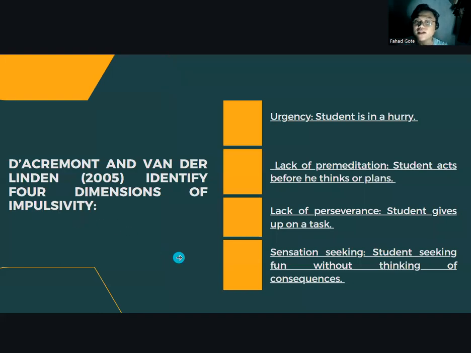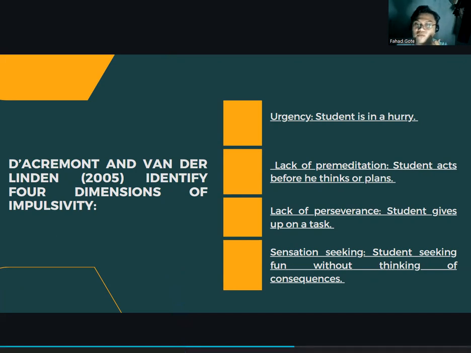Dickman and Van der Linden, 2005, identified four dimensions of impulsivity. First is urgency: the student is in a hurry. Next is lack of premeditation: students act before thinking or planning. Next is lack of perseverance: students give up on a task.